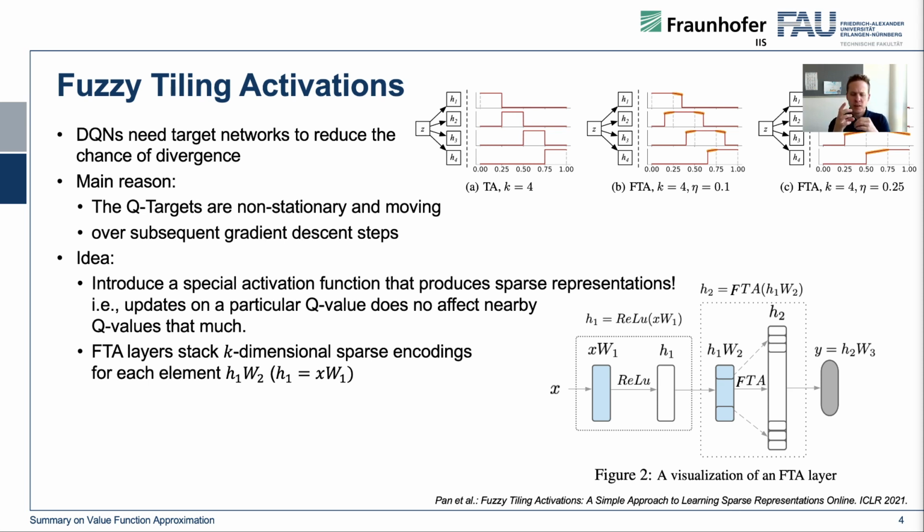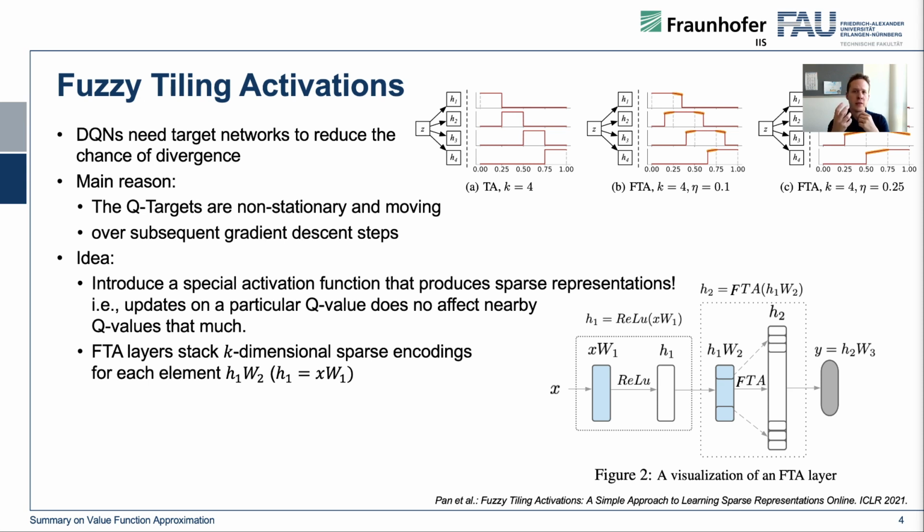And if you optimize such a one-hot encoding, you really do not optimize anything related to nearby Q values, because they have a different encoding. So if you're just optimizing towards one of these Q values, you will not that much affect the nearby Q values through your gradient descent step.